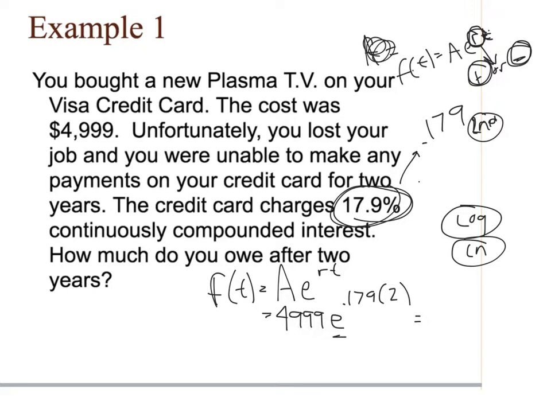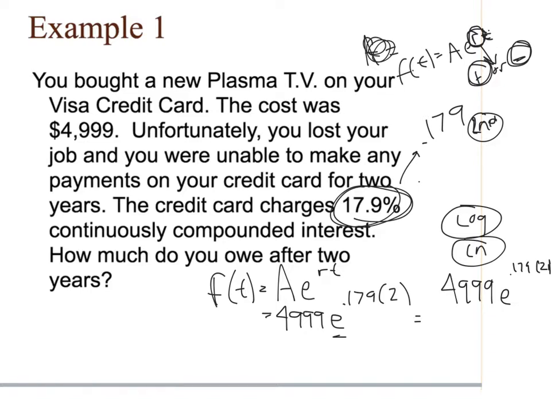In your calculator, it should look like 4999, second e, to a power of 0.179 times 2.